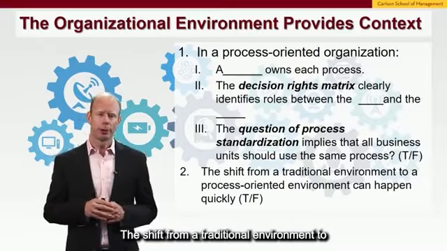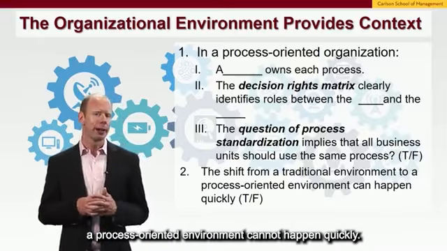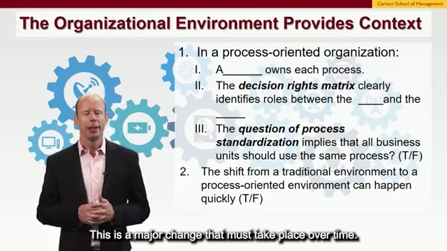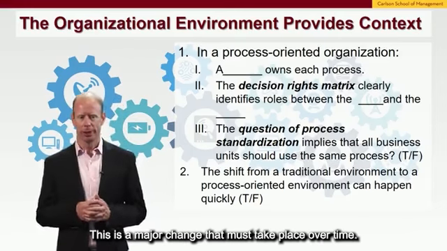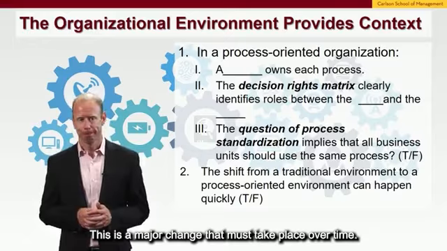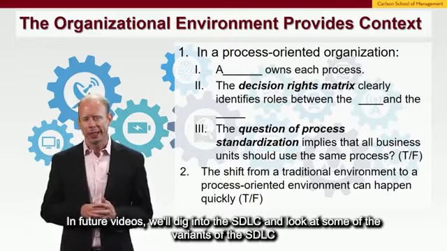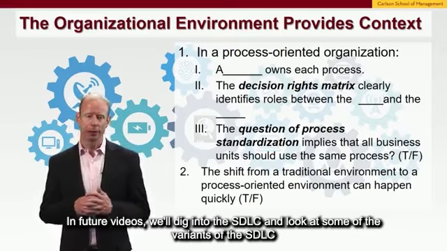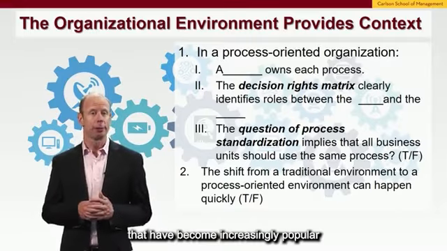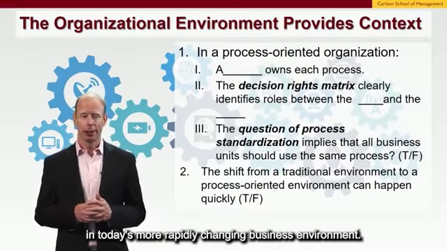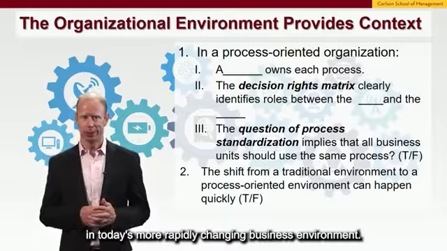The shift from a traditional environment to a process-oriented environment cannot happen quickly. This is a major change that must take place over time. In future videos, we'll dig into the SDLC and look at some of the variants of the SDLC that have become increasingly popular in today's more rapidly changing business environment.